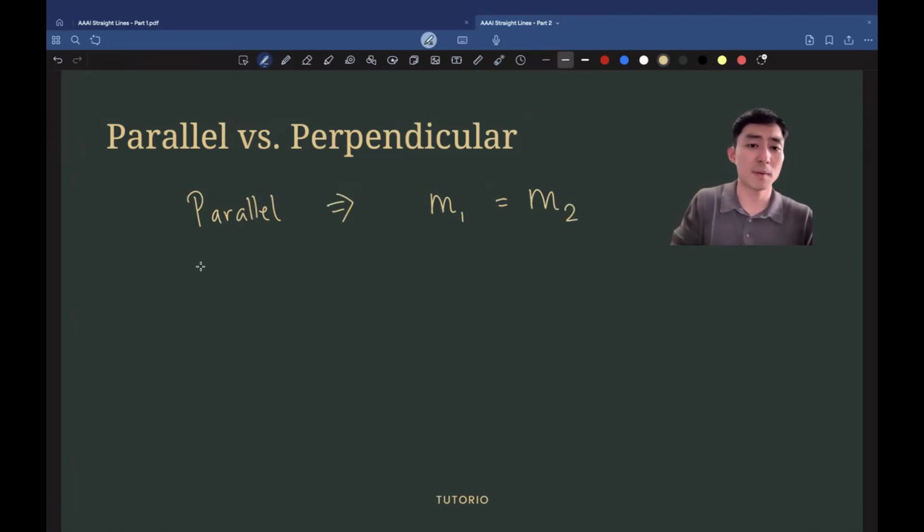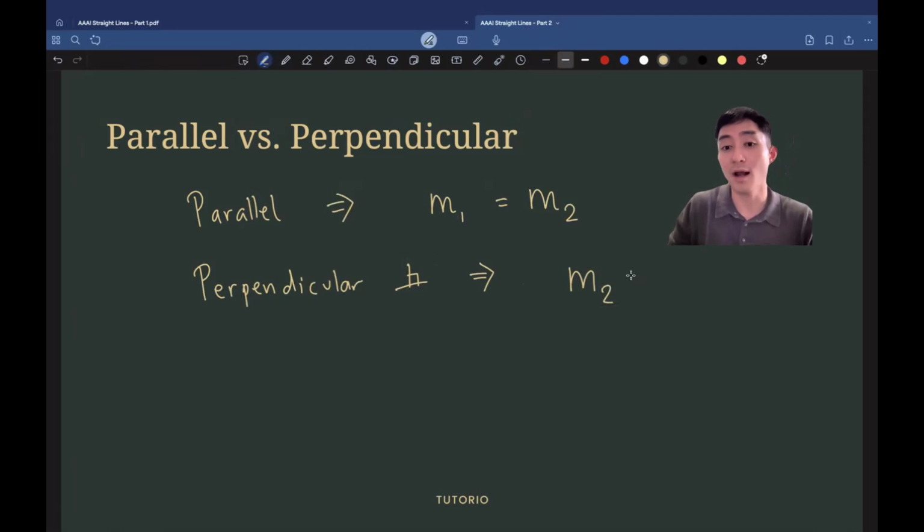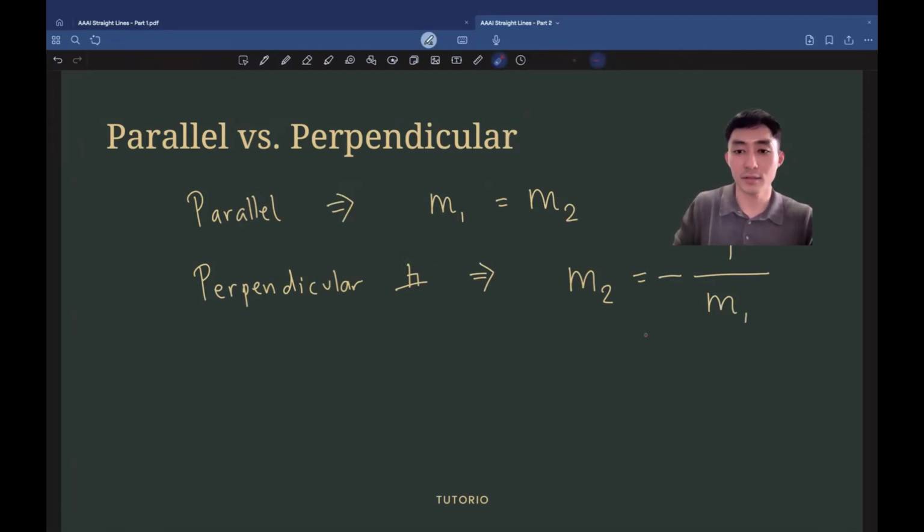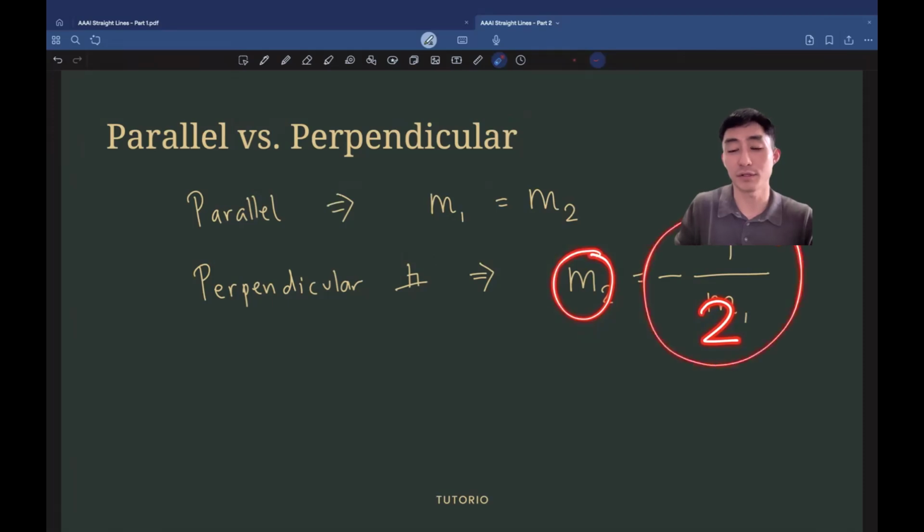And if the lines are perpendicular, or you might see the symbol in this way, this implies that the gradient of one line is the negative reciprocal of the other line. So let's say if m1 is 2, then the gradient of line 2 is -1/2.